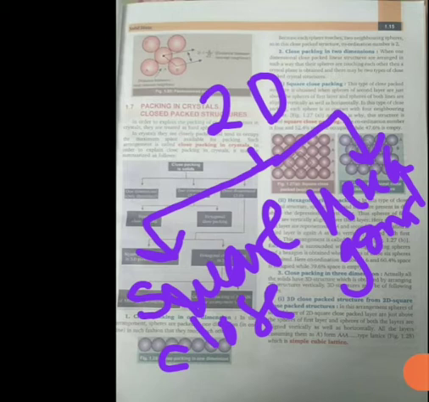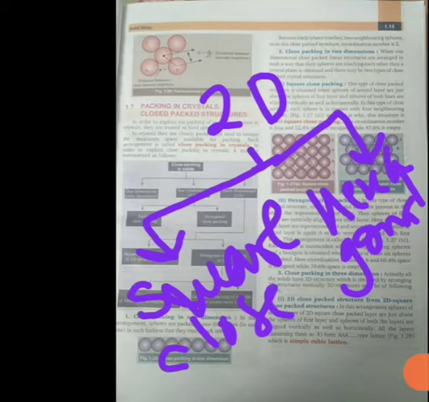For these two, we only have to remember that the square close packed structure is obtained when the spheres of the second layer are just above the spheres of the first layer. Basically, we make layers of spheres, and the second one will be just above the first one.